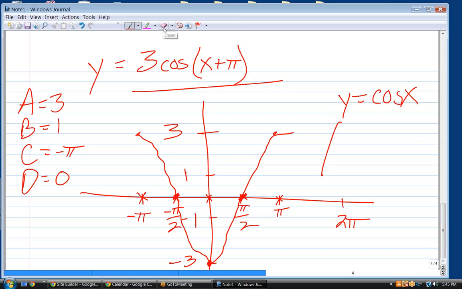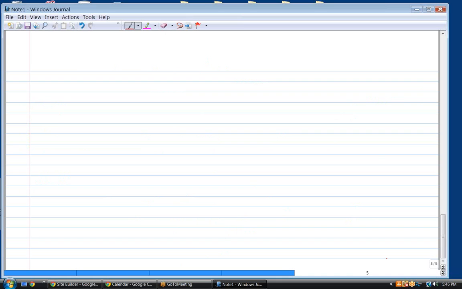All right, what else you got? This one was pretty complex. All right, we can do this one. Y equals 2/3 cosine of (x over 2 minus pi over 4).